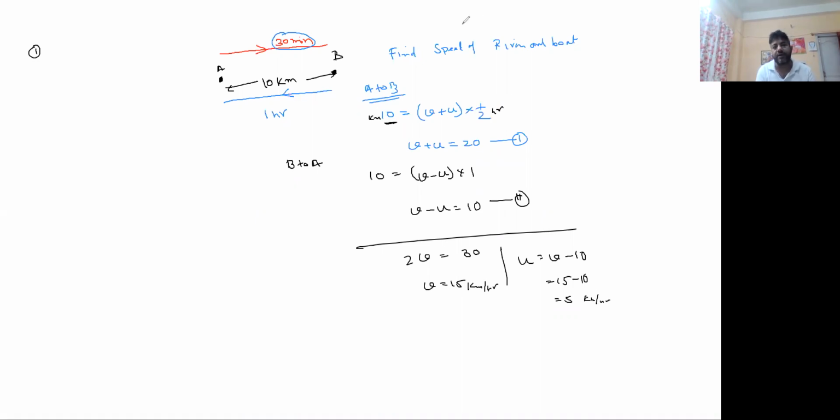Now I want to give you a very, very important question. Listen to the question properly, and then I will show you how the graph also works, then you try this question. Speed of a motor launch with respect to still water is 7 meter per second.